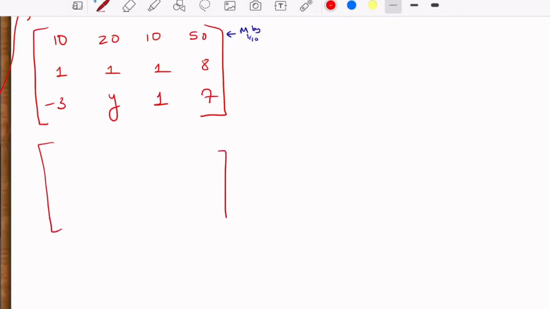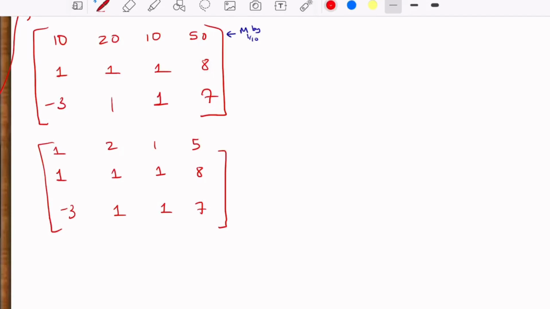The other rows are not changing, so I might as well just write them the same. 1, 1, 1, 8, -3. Whoa, I should have, nobody said anything about this. What the hell? That should have been a 1. All right, 1, 1, 7. And then the one that's changing would, of course, would be just 1, 2, 1, 5.